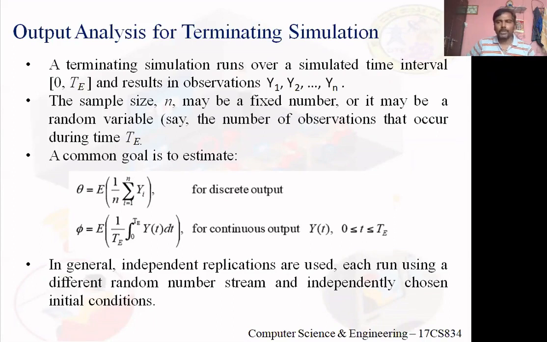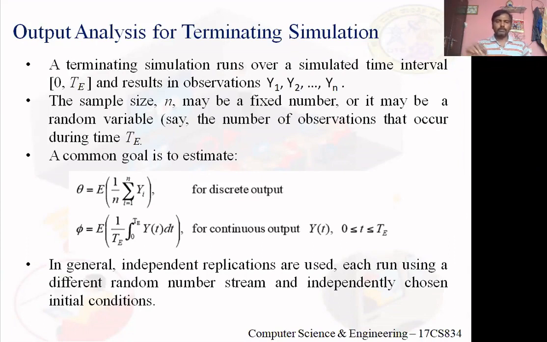Average queue length I can see in a system. Means the bank commences at 9:30 a.m. and closes at 4:30 p.m. In this entire simulation, entire run, what may be the average queue length that may be observed? Got it?